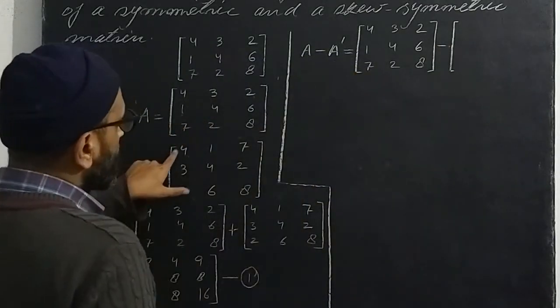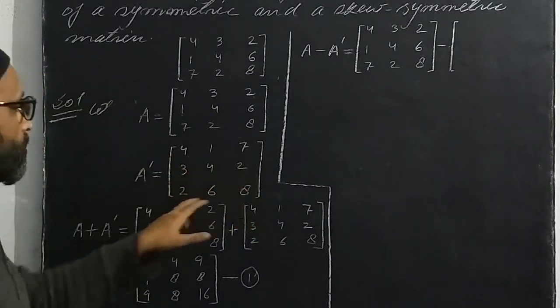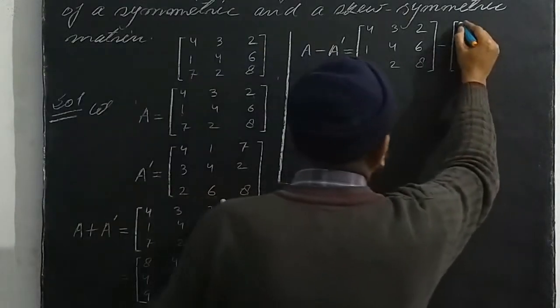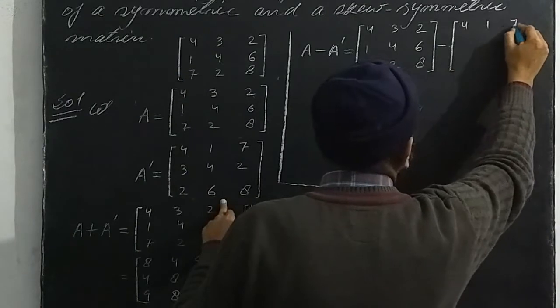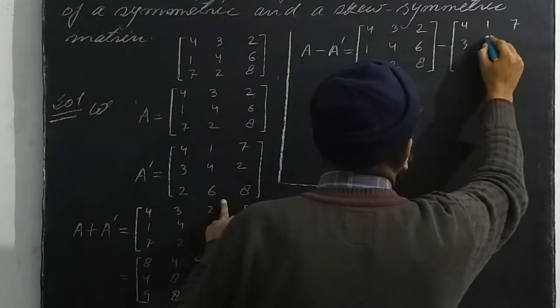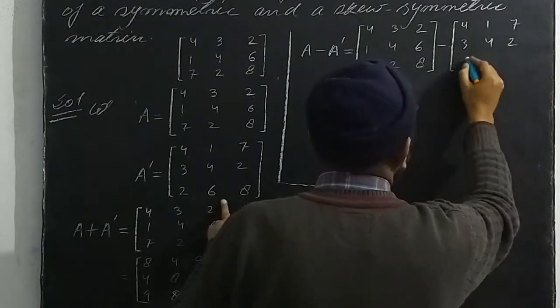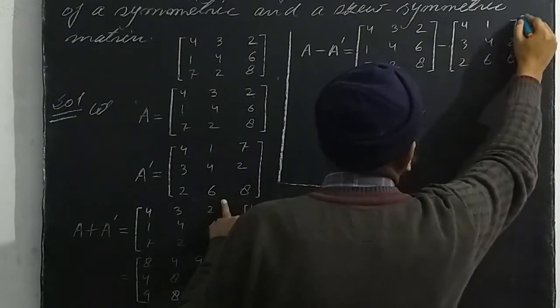And A dash is 4, 1, 7, 3, 4, 2, 2, 6, 8.